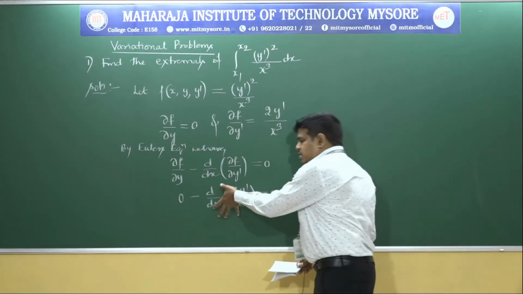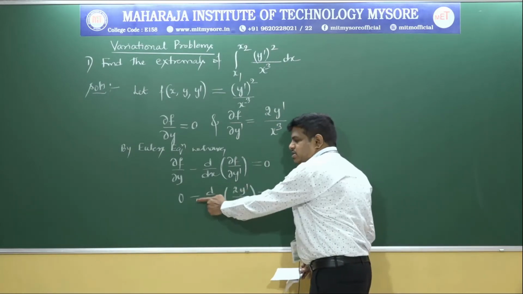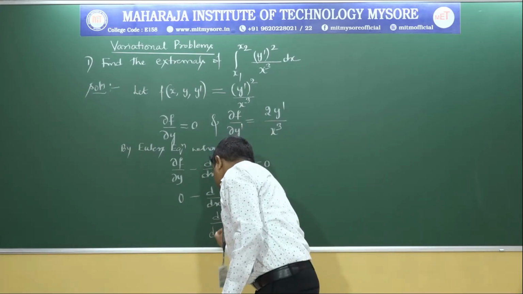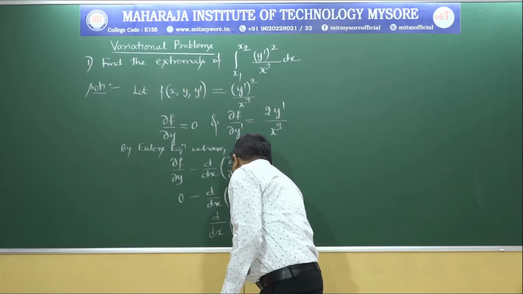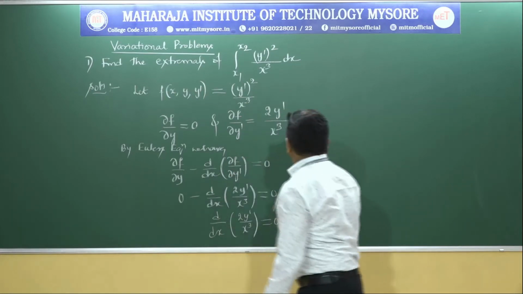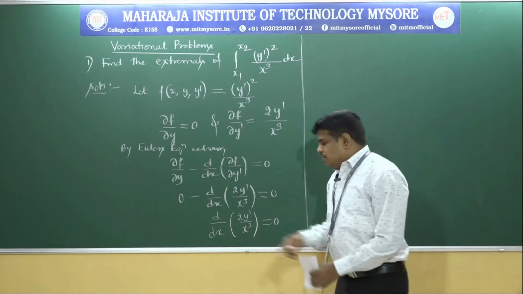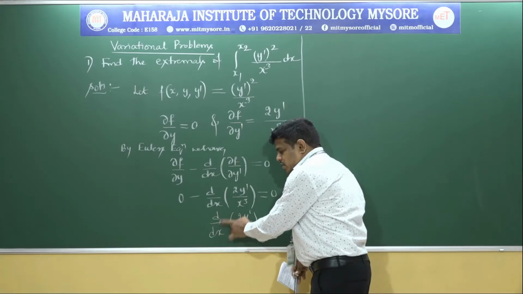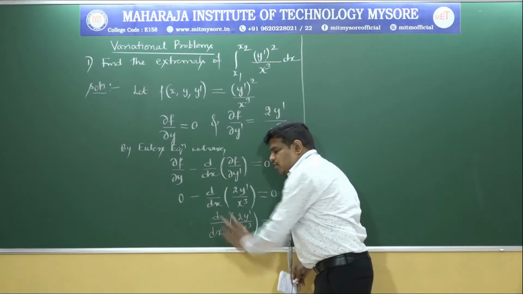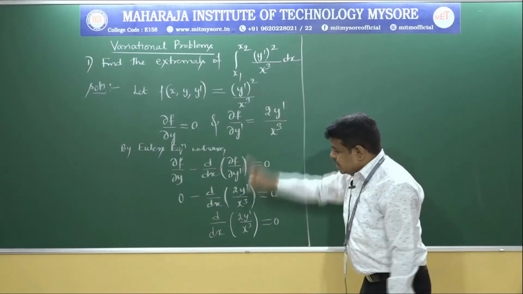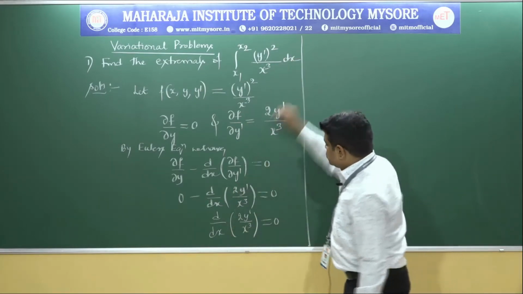Shifting this to right hand side, the negative sign becomes positive, that is d by dx of 2y dash divided by x cube equals 0. Next, we need to get rid of d by dx. In order to get rid of the derivative, we need to integrate with respect to x on both sides.